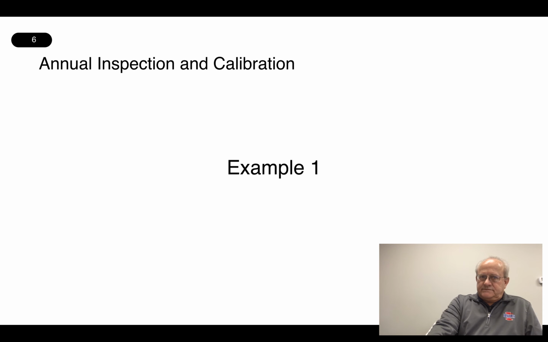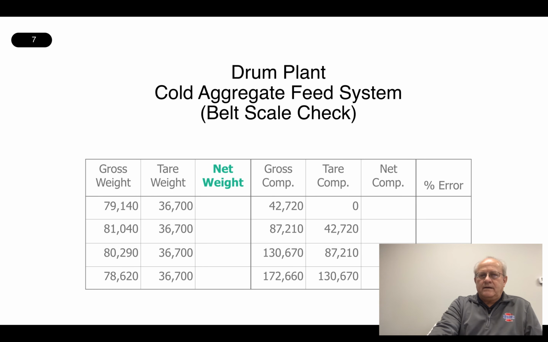All right, I'm going to show you some examples of how this gets accomplished, and you figure out what your percent error is. In this particular example, the dump truck, when it was empty, weighed 36,700 pounds. Once they got done putting material into the truck, it weighed 79,140 pounds.